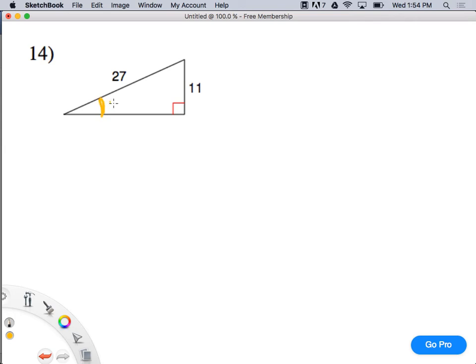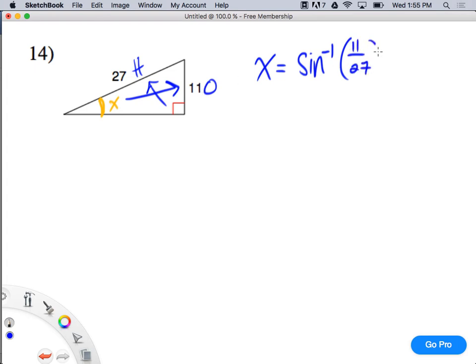So here's my angle, I'll call it x. This side's opposite. This side is my hypotenuse. Which trig function? I identified my angle, identified my sides, now I identify the trig function. Which one do I use? Sine, opposite over hypotenuse. But since I'm solving for an angle, I use inverse. So inverse sine of opposite, which is 11 over 27.